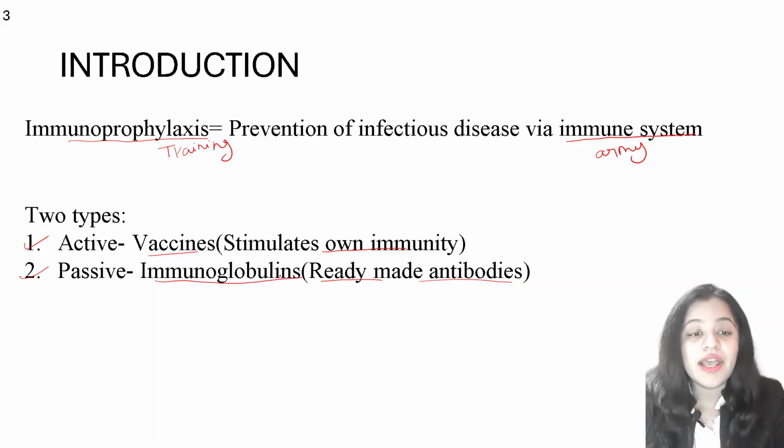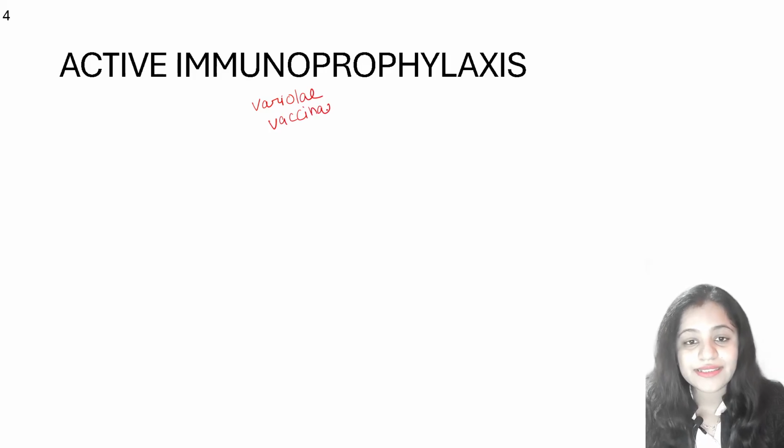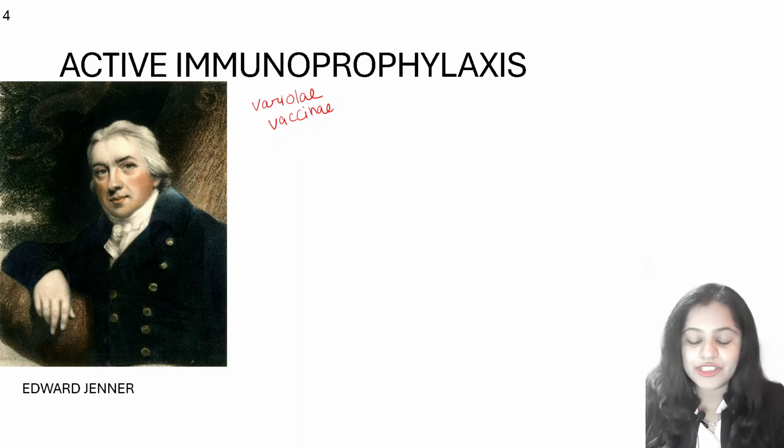Okay. Now, let's talk about active immunoprophylaxis. Before we go into detail, let's talk a bit about the history. Now, you know the term vaccine is derived from variolae vaccinae. This term was given to us by a legendary scientist, Edward Jenner.